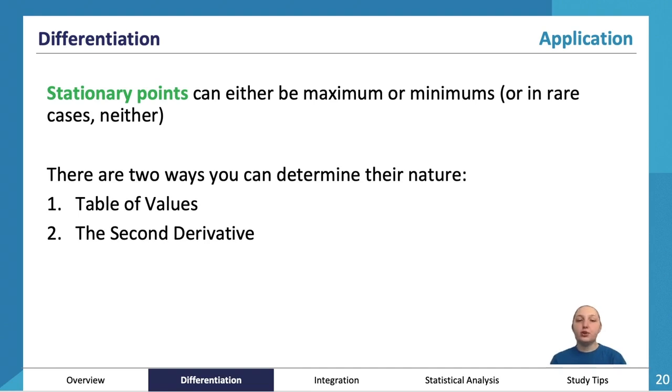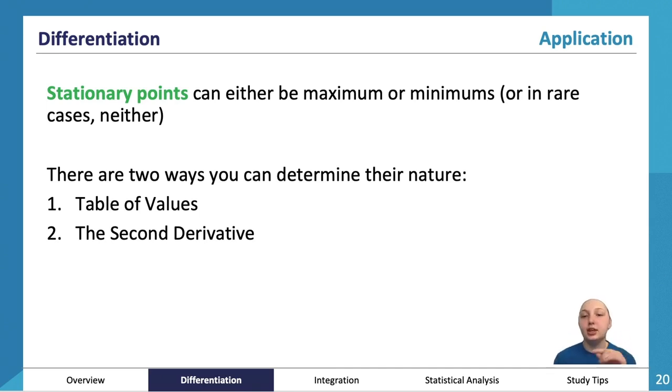Once you substitute those into the table, you'll be given the values for your derivative at each of those points. From there, you can tell whether something is going to be a maximum or a minimum. When you put your stationary point into your derivative, it'll give you 0.